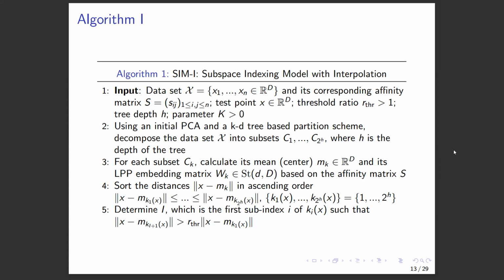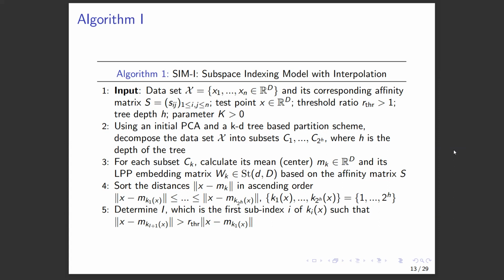First, we will use PCA and the KD tree to decompose our dataset into different subsets. And then for each subset, we calculate its mean and its LPP embedding matrix.